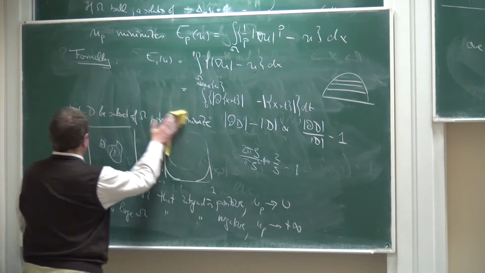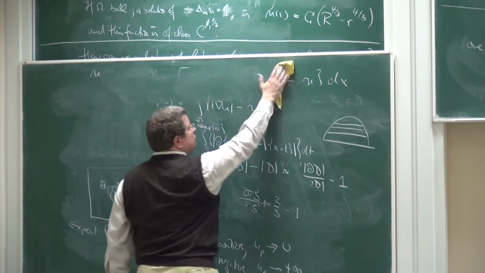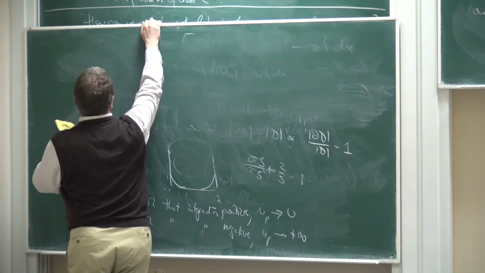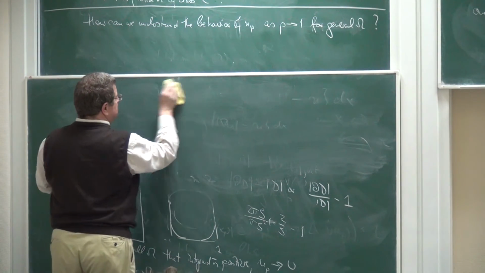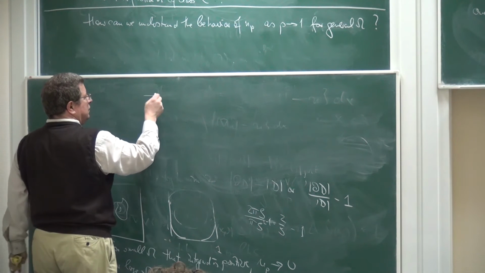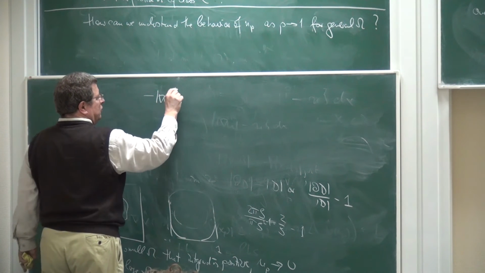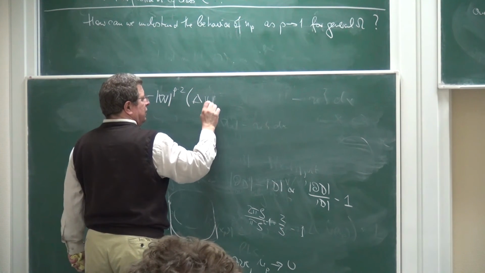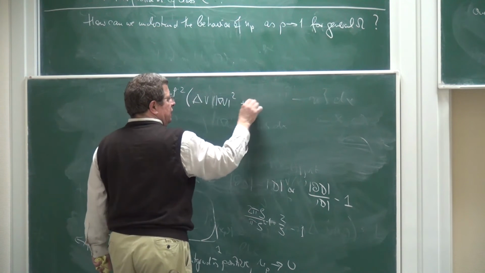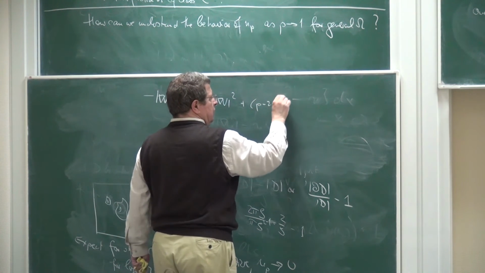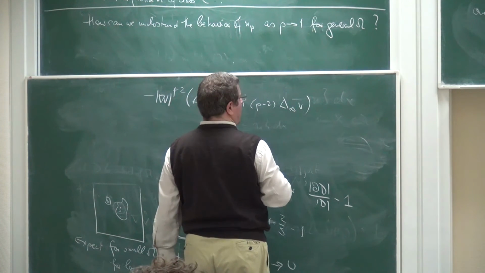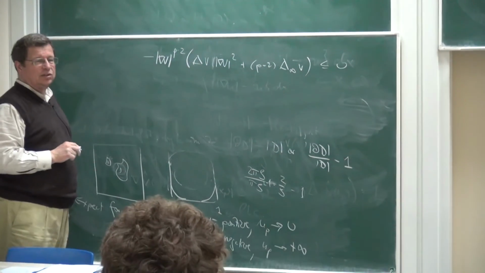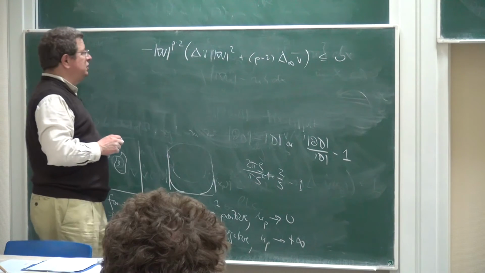You take a test function for u_p from above. So you get minus gradient v to the p minus 2, and then Laplacian v times gradient v squared plus p minus 2 infinity Laplacian v. This should be less or equal to 0 for any smooth test function that touches from above at a point x_p.